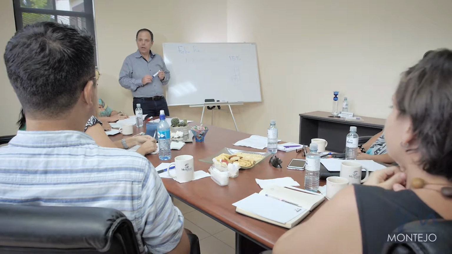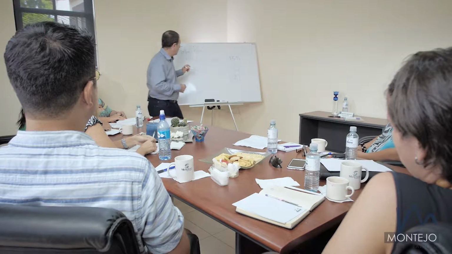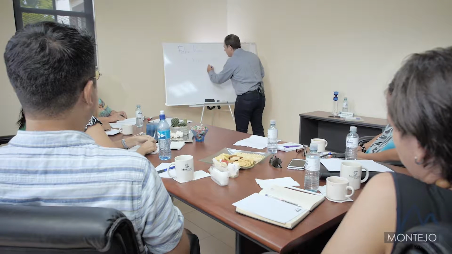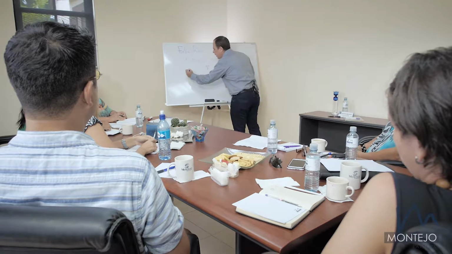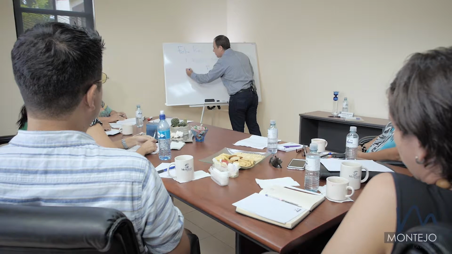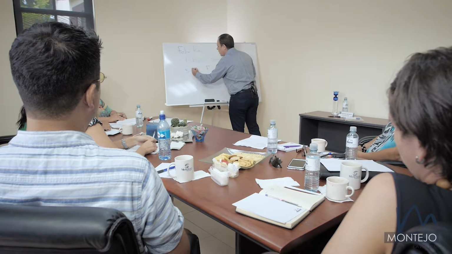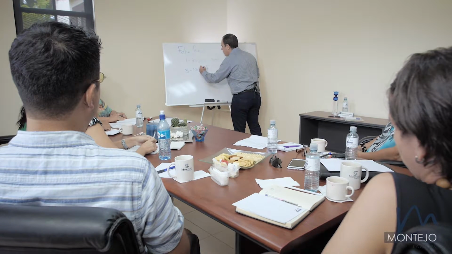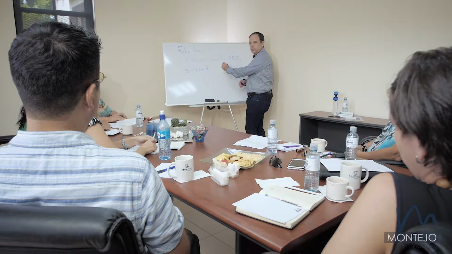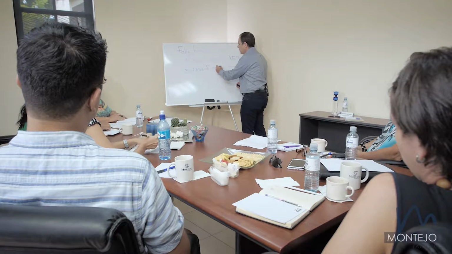So you will know that a property is under the condominium law because we will add an F. So it will say, let me give another example. We'll say Guanacaste 1234-F 000.